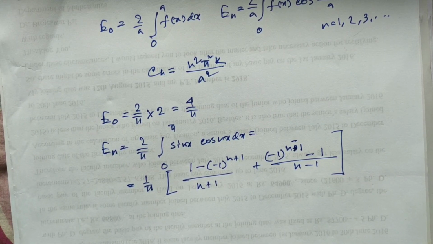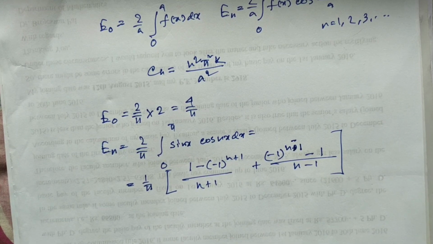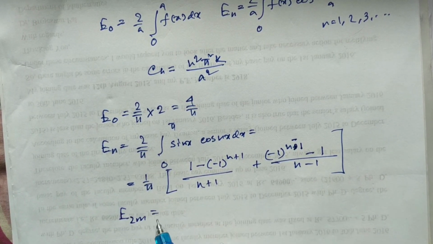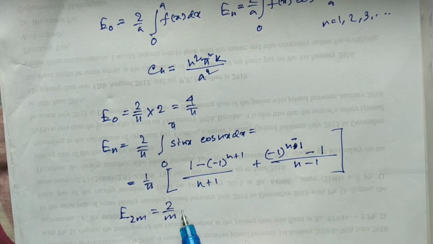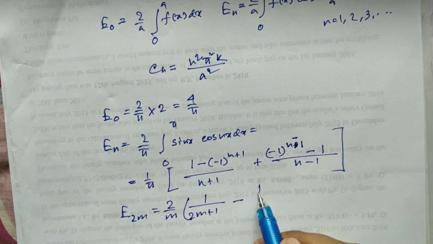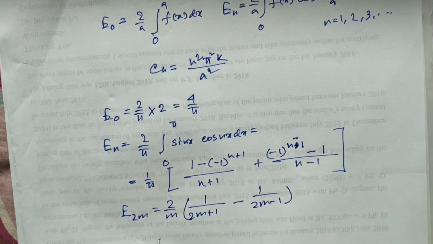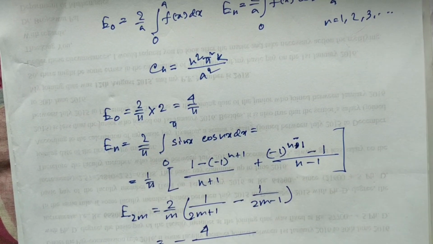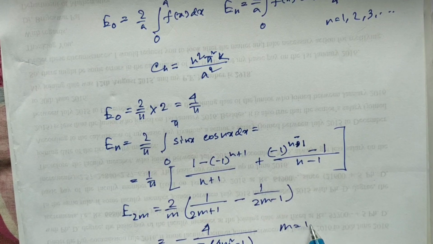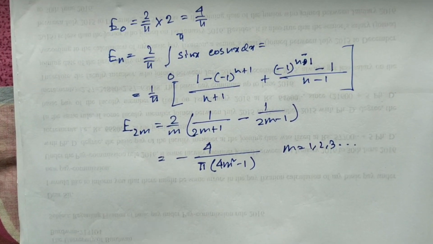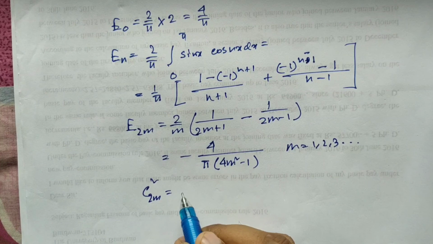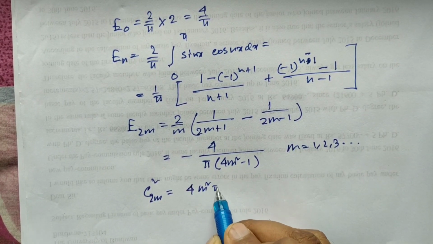And whenever your n is even, that is you can write it as 2 into small m, where m is equal to 1, 2, 3, etc., then you see that your e2m turns out to be 2 over pi times 1 over 2m plus 1 minus 1 over 2m minus 1, which is equal to minus 4 by pi times 1 over 4m square minus 1, where m is equal to 1, 2, 3, etc. So follow that your c2m reduces to 4m square pi square.